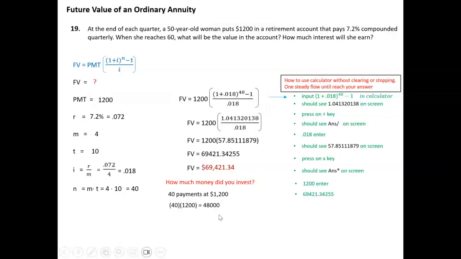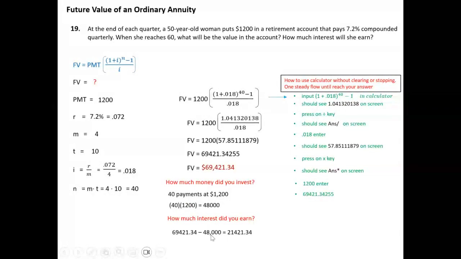So it will give us 48,000. So in other words, she only put in 48,000 out of her pocket. So it'll be 69,421.34 minus 48,000. So she earned $21,421.34 of interest. That's how much money she got extra. Okay. Now number 20.